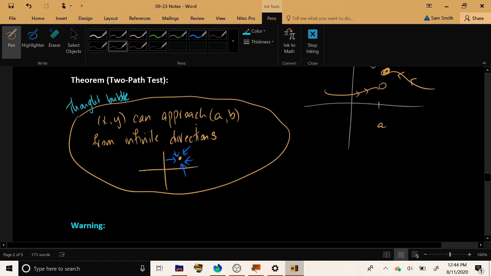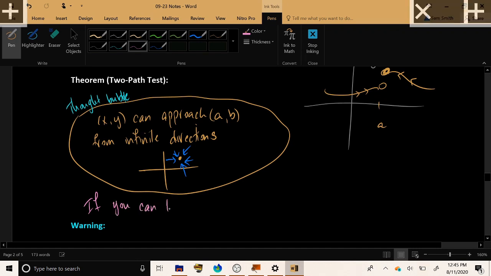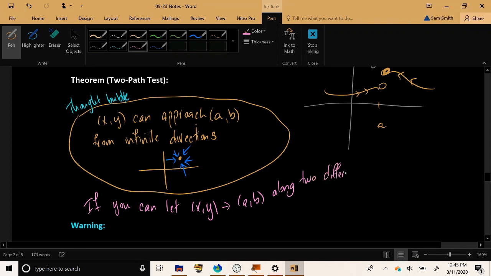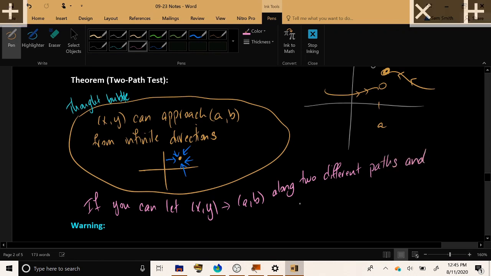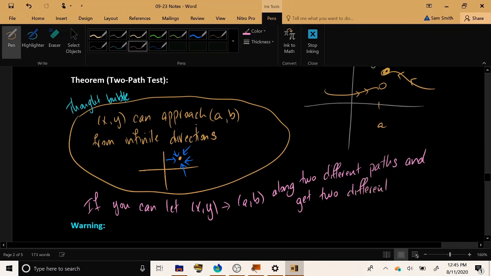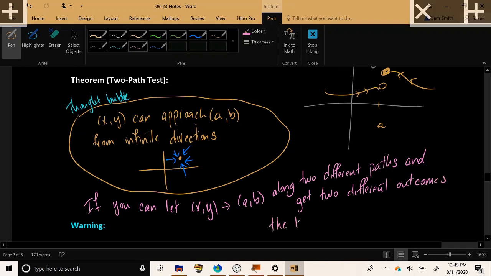The two-path test says if you can let xy approach AB along two different paths, and get two different outcomes, the limit definitely cannot exist.